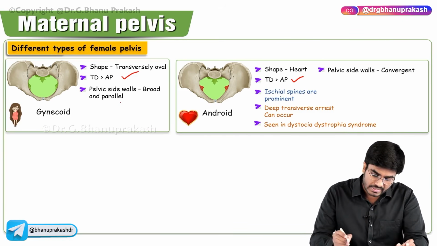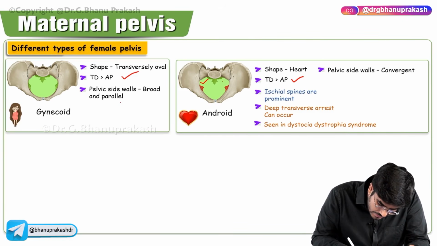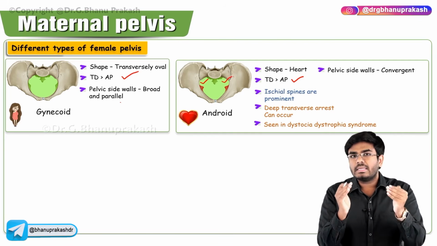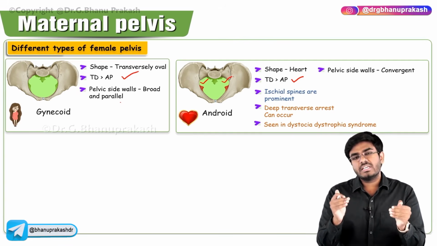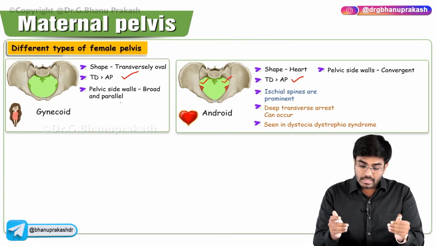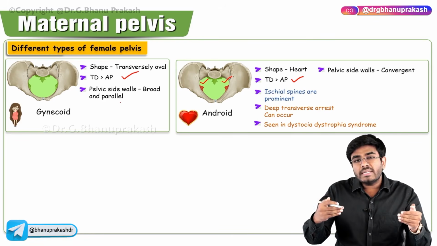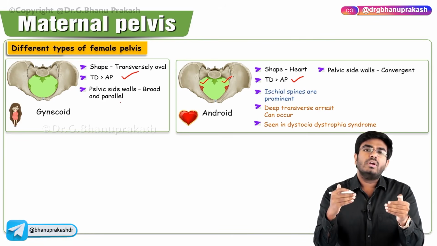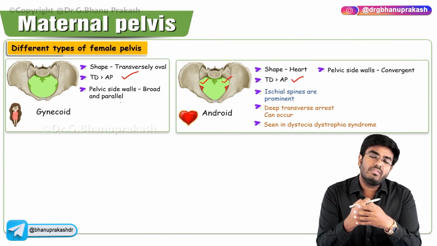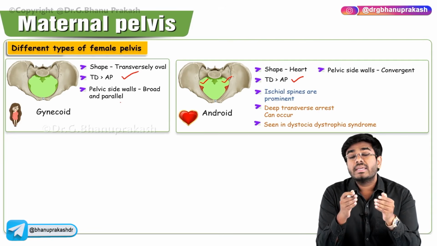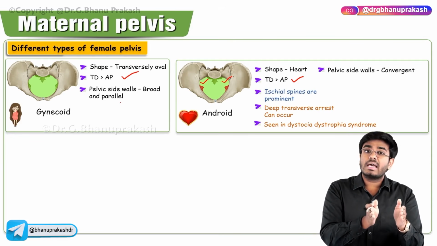But one important point is, you can clearly see here the ischial spines are protruding into the cavity. Even in the female pelvis, the ischial spines protrude into the cavity, but here they are more prominent, protruding deep into the cavity. So if a female has an android pelvis, what happens? The ischial spines protrude deep into the cavity, which can cause deep transverse arrest.